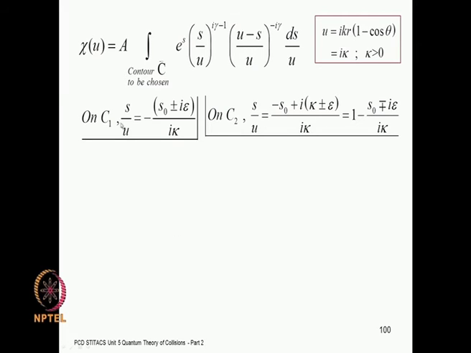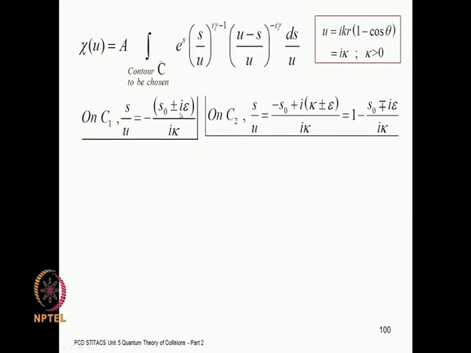So this is the value on C1, and on C2 when you add this i kappa over here, what do you get? Now do this a little carefully. Now this i kappa when divided by this i kappa gives you 1. Okay. And then you have this minus s0 and then plus or minus i epsilon, whereas on C1 s over u is given by this ratio.